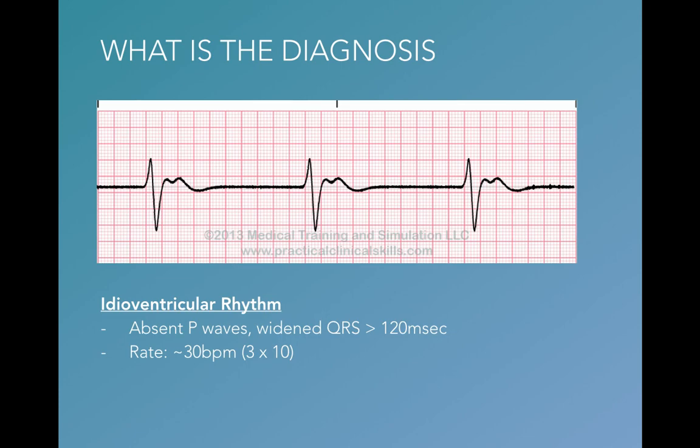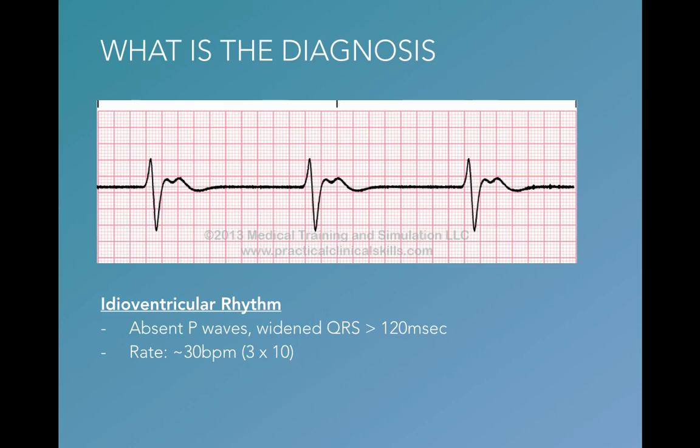I forgot to hide the answer. So this one, again, no P waves. It's obviously bradycardic. Again, there's the 3 tick marks above. So all you have to do is say, okay, I see 3 QRS complexes, multiply that by 10 to get your 30. There's no P waves. The QRS now is greater than 120.